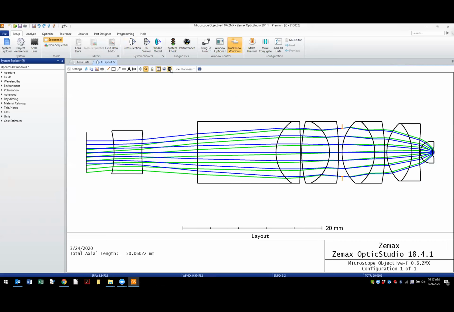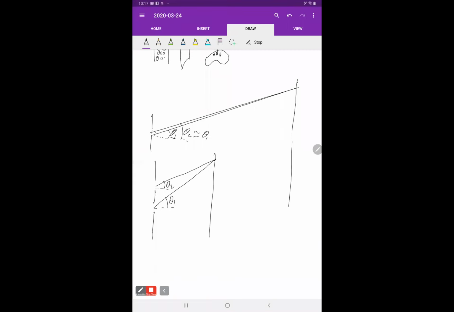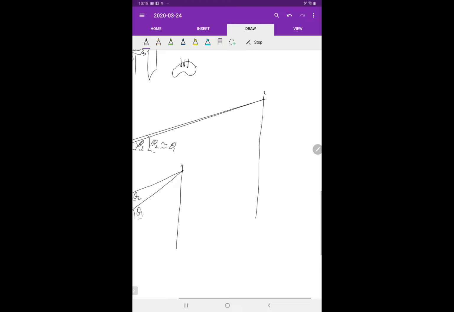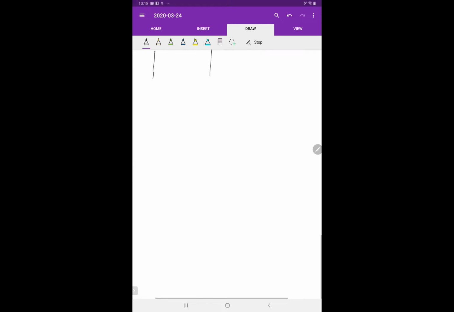But remember what we said a few weeks ago when we were reading that paper. We said that in a real microscope, if you've got an infinity corrected objective, then what happens is, again, let me go to OneNote. All right, it is not letting me, okay, now it gave me more space.